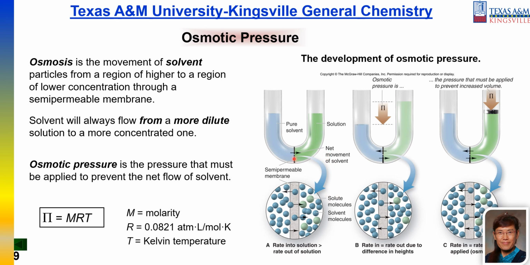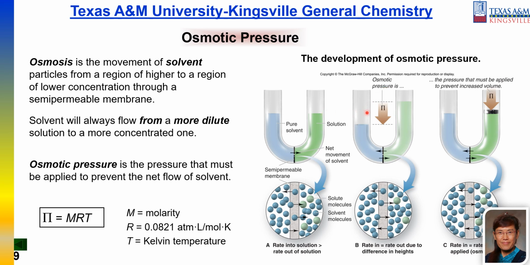The net movement of your pure solvent is to the solution side, because your solvent wants to equalize the concentration. Therefore your solution is rising up and your pure solvent surface is decreasing. You are going to see a difference in height. This difference represents a pressure, which is called osmotic pressure.